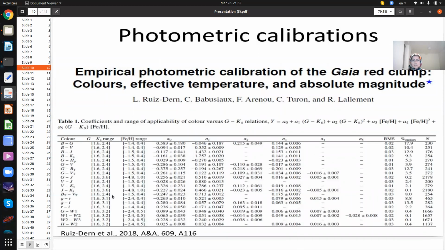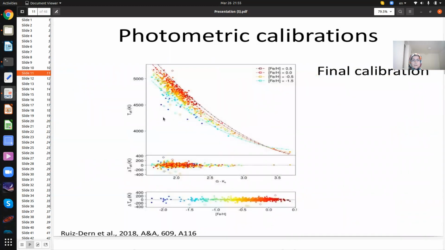Here you can also see in a different way the color and coefficients, and we can measure the coefficients and color to get theta. And this is, for example, the final calibration. These are for cold stars below 5,000 K effective temperature.